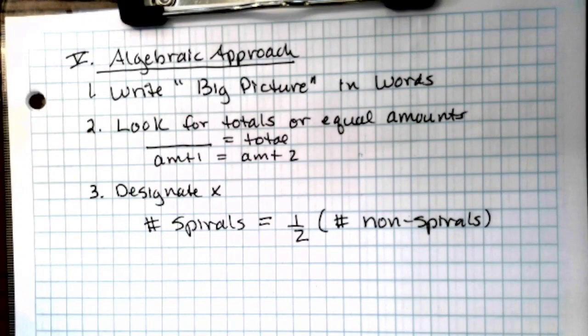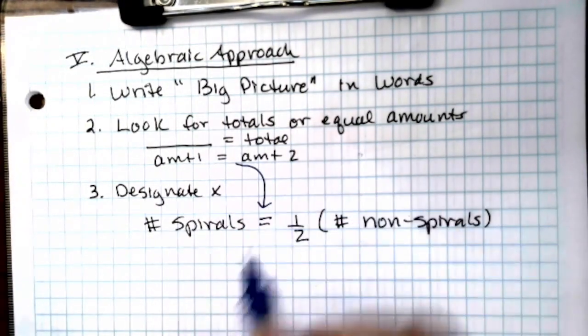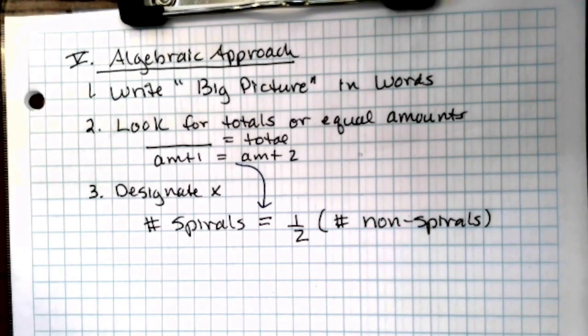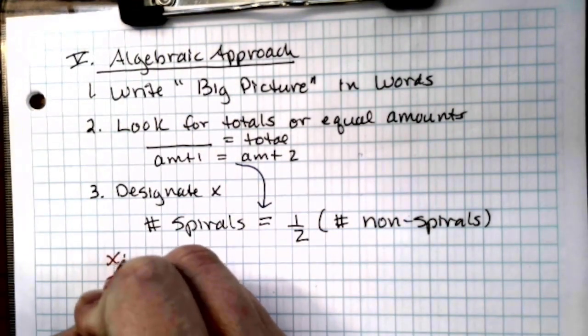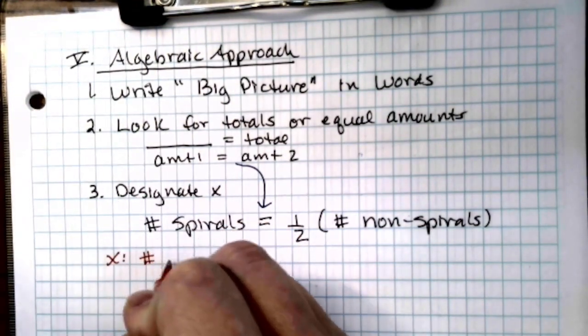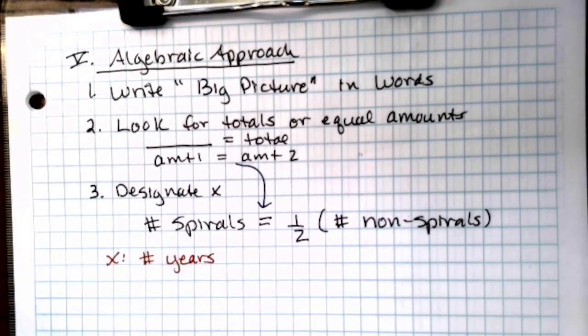That's my relationship. This would be an amount equaling an amount. Okay, so then what's our x value? Our x value is the number of years, because they talk about how each year things increase or decrease. So that's your x, is the number of years.